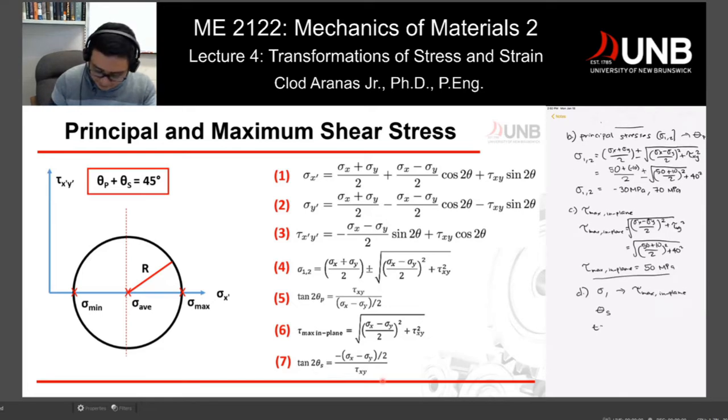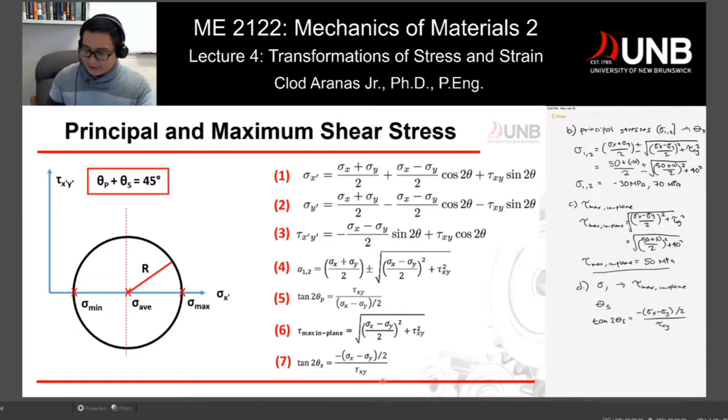So we have tangent of 2 theta sub s is equal to negative (sigma x minus sigma y) over 2 tau xy. We have sigma x and sigma y, and then we can just plug in those numbers. So 50, and this one we're going to change to plus.